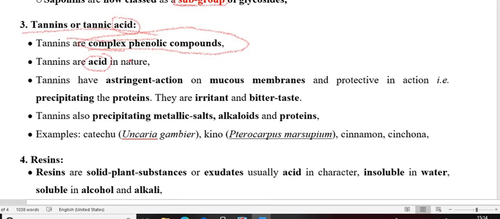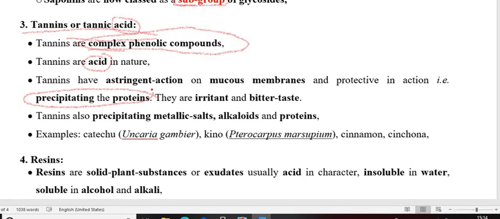If anything is acidic in nature, when you apply acid on protein, it is going to precipitate the protein. So tannins have the property to precipitate the protein of the mucous membrane and form a protective layer. Because of this protein-precipitating property, it is called astringent.